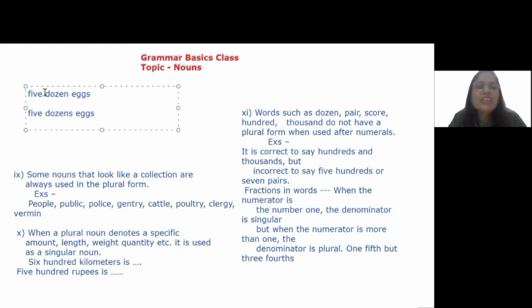dozen which is mentioned here, it specifies to us that we are talking about something that is definitely more than one, right? So we get confused and we think that perhaps it's correct to say 5 dozens, but no, it is not. This is wrong. The correction is 5 dozen eggs.